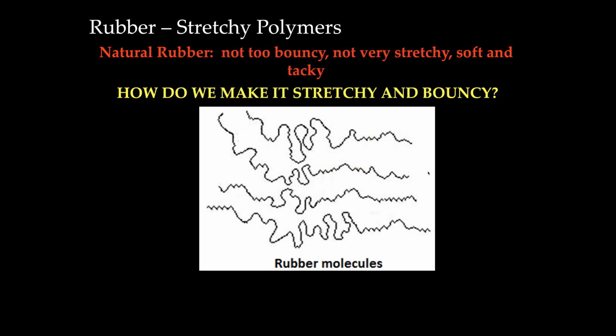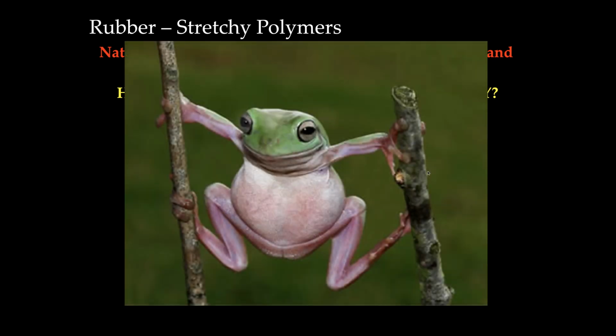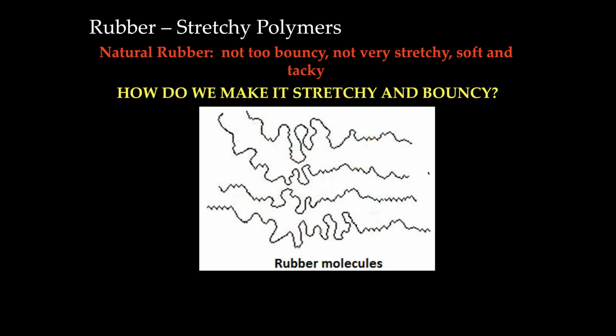See, the way it works is rubber molecules are all curled up. And if you join them, like a frog joining 2 twigs, with something that forms 2 bonds, like let's say sulfur atoms, if you pull on either side, the molecules will stretch, but the sulfur will cause it to snap back into shape again. This is what makes rubber stretchy and bouncy.